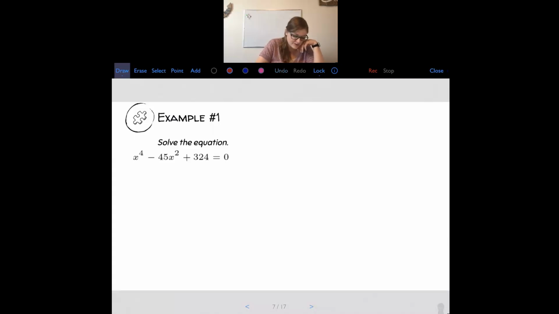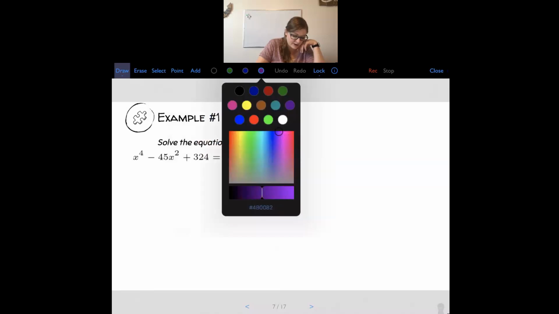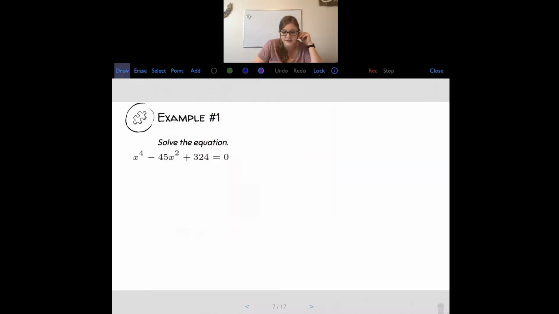So the first example, solve the equation x to the 4th minus 45x squared plus 324 equals 0. This is in quadratic form because we have power 4. Half of 4 is 2, or twice of 2 is 4. So in this case, we want it to be something like u squared minus 45u plus 324.